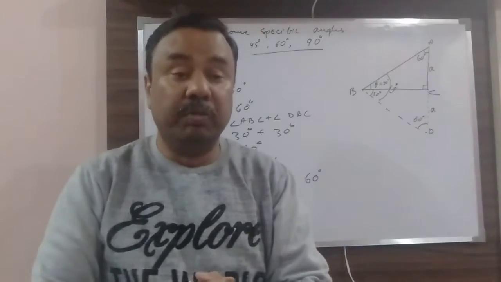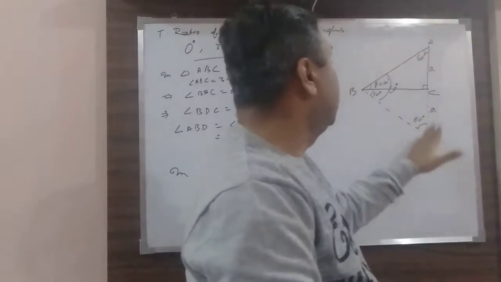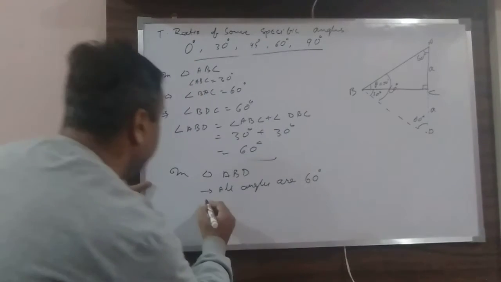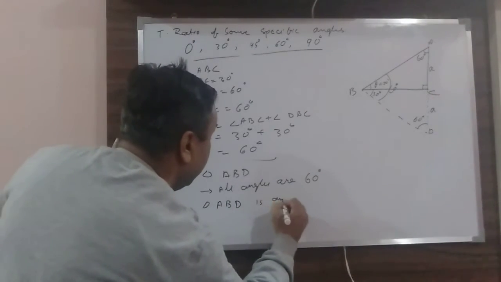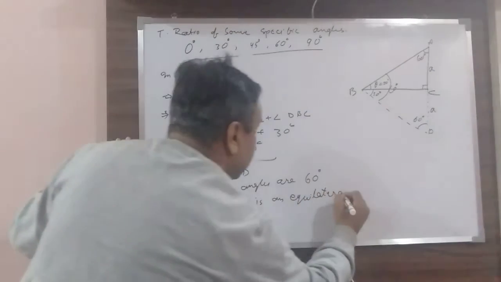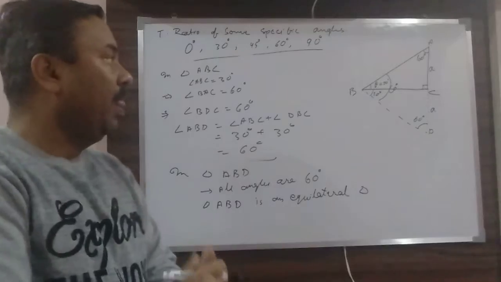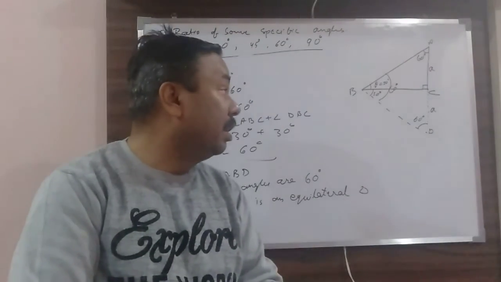What does it prove? Since all angles are 60 degree, triangle ABD is an equilateral triangle.